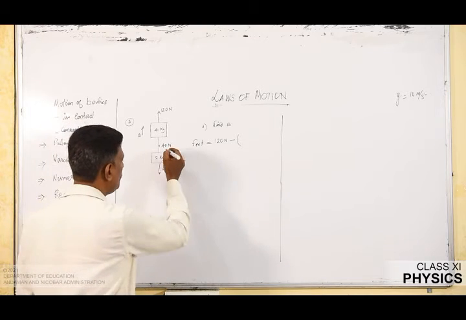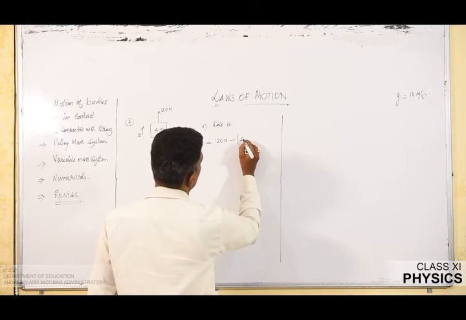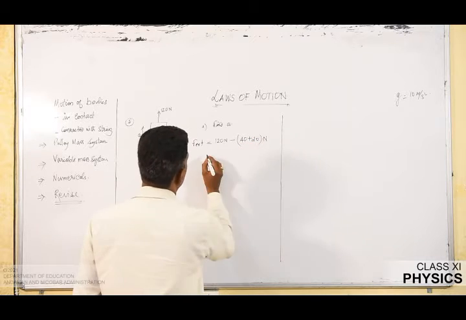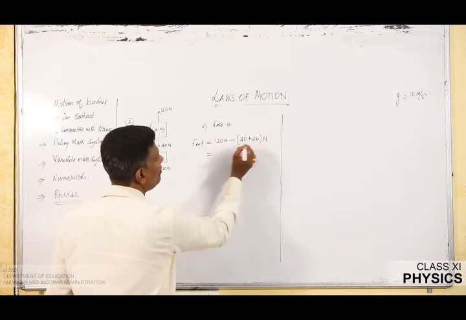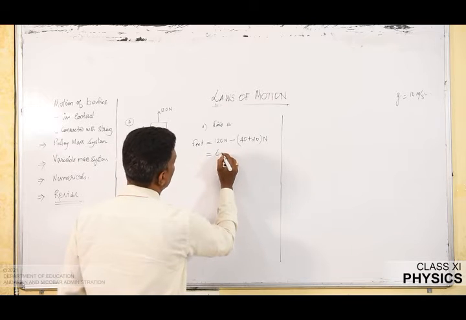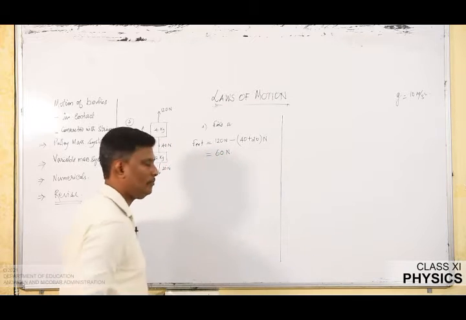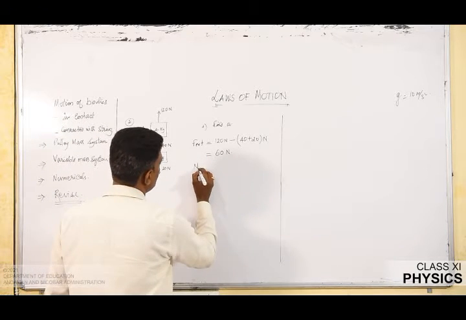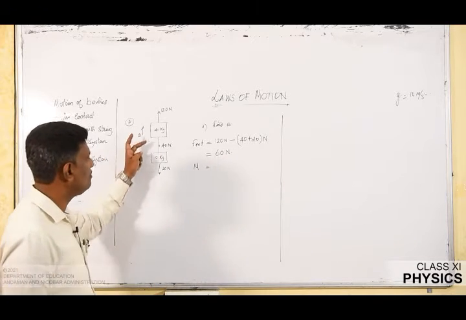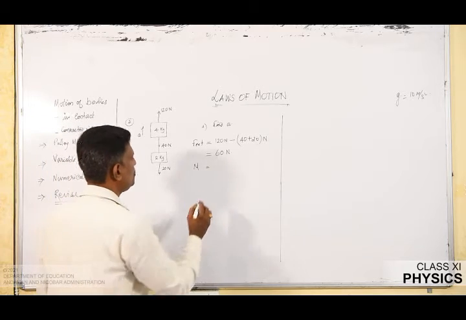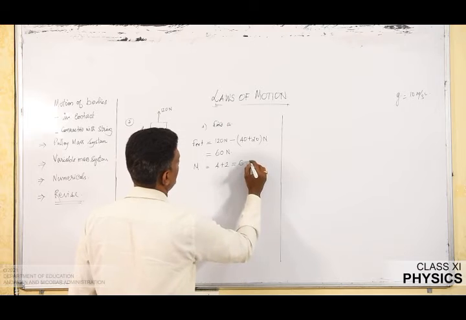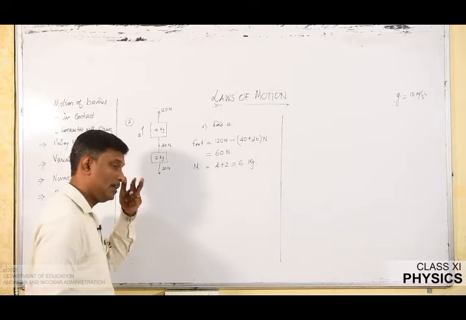So, 40 Newton plus 20 Newton, that is 40 plus 20 Newton. Obviously, it is 120 minus 60, that is 60 Newton. Next is mass, m is equal to m1 plus m2, that is 4 plus 2, that is equal to 6 kg.